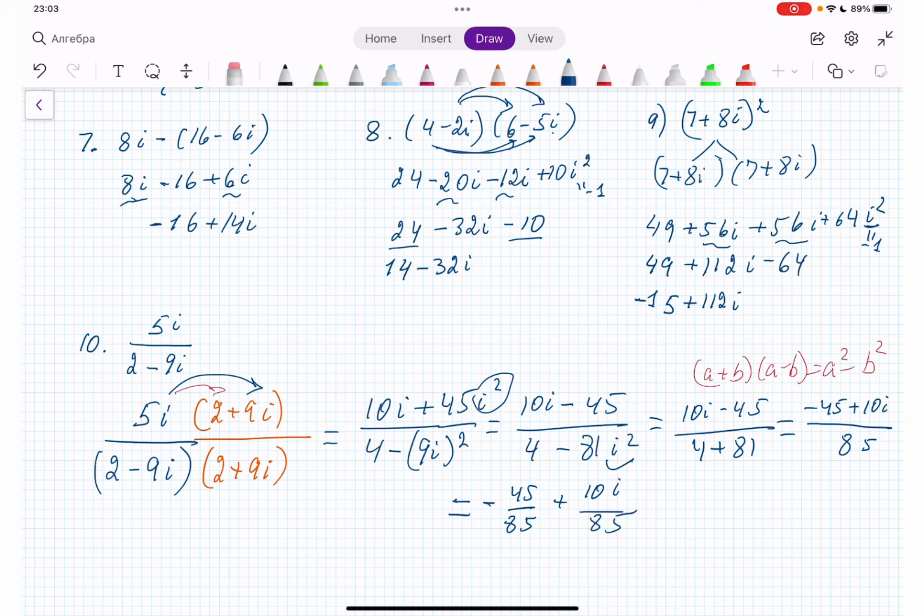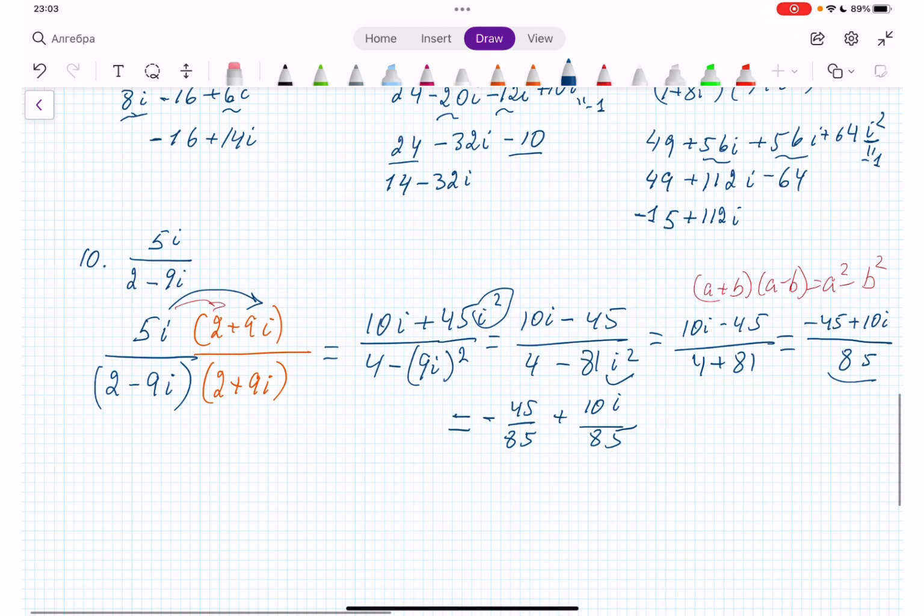So every single term I can divide by 85. 45 and 85 I can simplify by, not by 9, by 5.